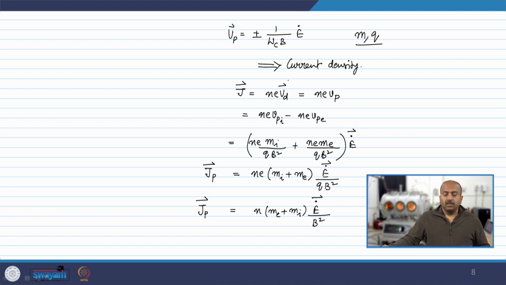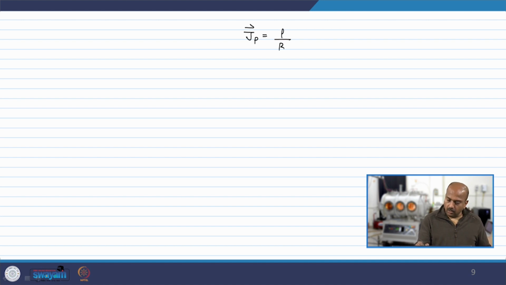N is the number of charged particles per unit volume. We can define the density, number of particles per unit volume, times the mass of each particle. The density can be written as N times (m e plus m i). This is not charge density, this is just mass density. So, the current density can be written as Jp is equals to rho by B square times E dot.